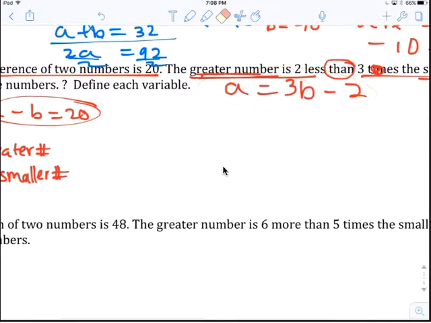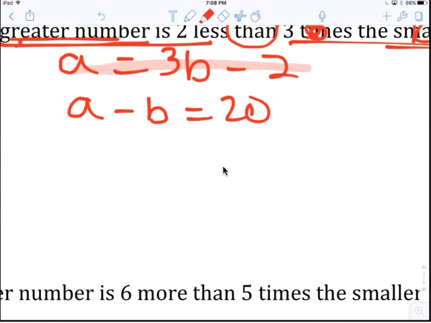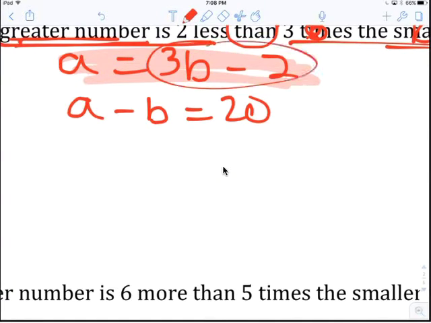Okay, so if you look at it this way, you have A minus B equals 20. You can't use elimination here, because this is in slope-intercept form. If there's x and y, it'd be in slope-intercept form. You substitute A: this goes into where A is, because it says A equals.